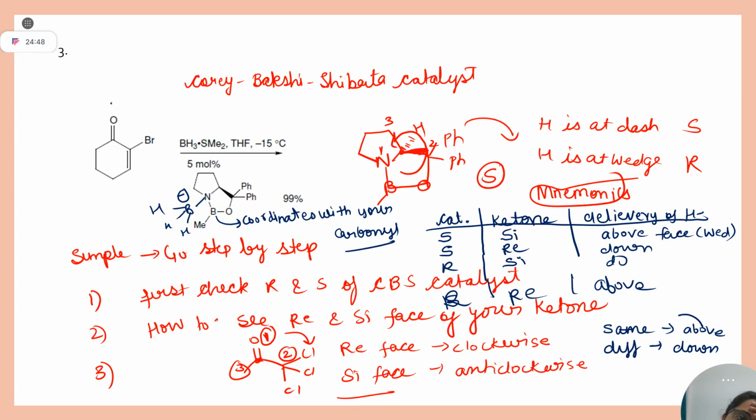And if you see the face of it, one, two, three, this is nothing but your Re face as it is going in clockwise direction. Re face, catalyst is S. Both are different, R and S, not RR or SS. So hydride will be coming from down. So this is your answer.